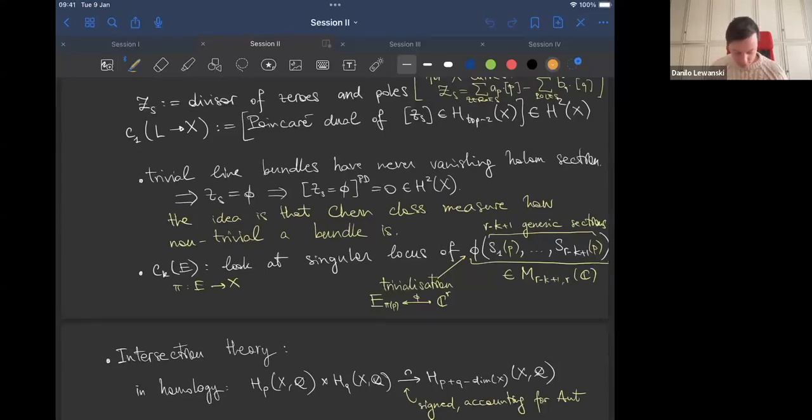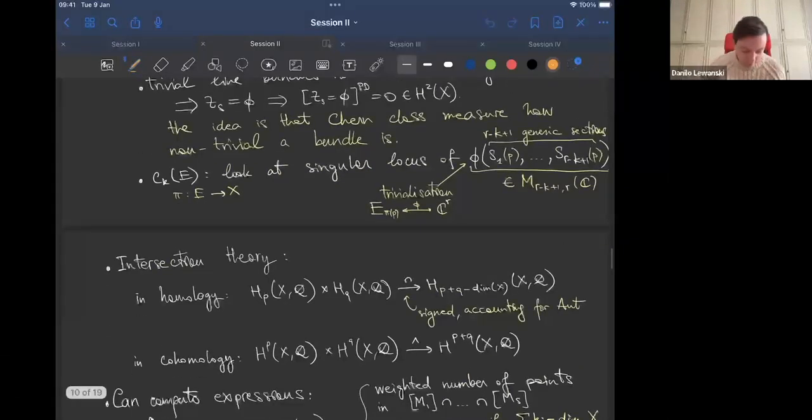And for this kth Chern class of E, you can look at the singular locus of, well, you would take the number of sections that is the rank minus k plus 1, and then evaluate it at some point and look for how many of them are linearly dependent.